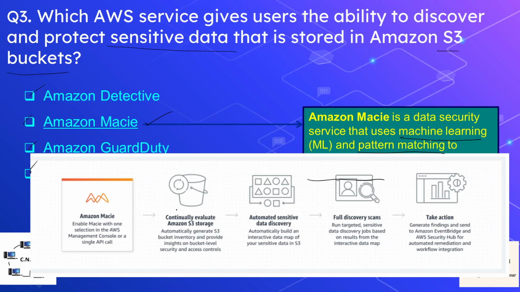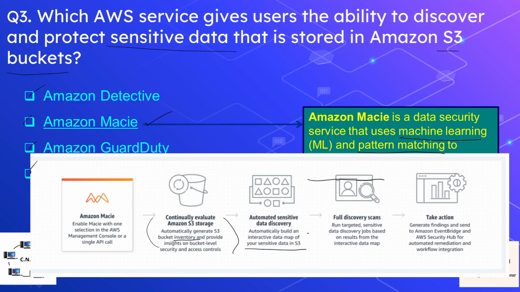The service can be enabled on Amazon S3 storage, and then it automatically generates an inventory of the data inside the bucket. It gives the inventory of all the data types depending upon their sensitivity inside the storage, and then you can run automated sensitive data discovery and automatically build an interactive data map of your sensitive data in S3.